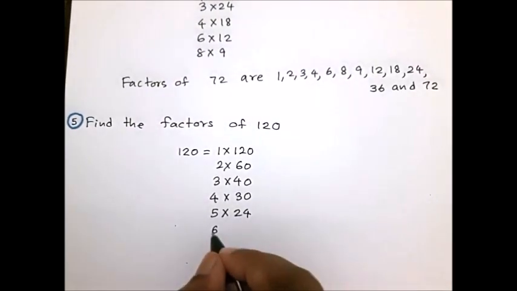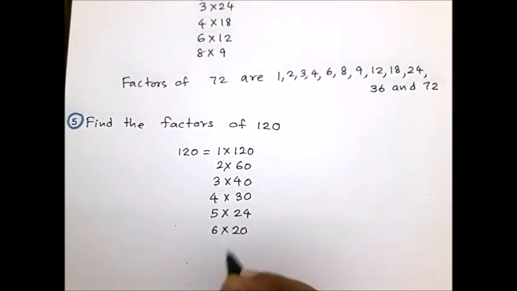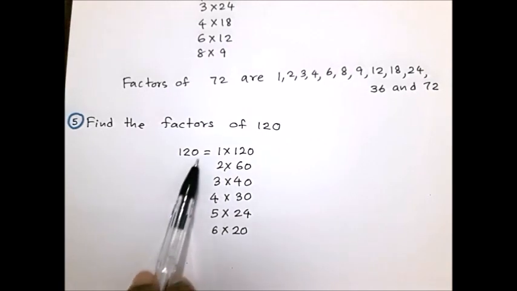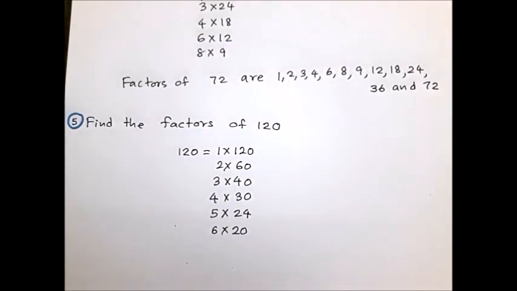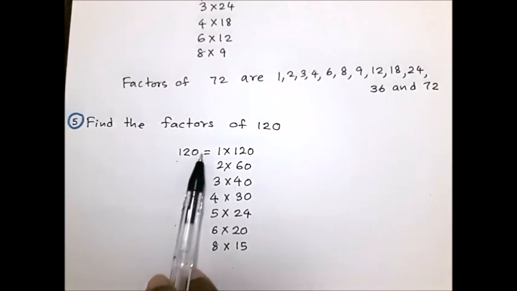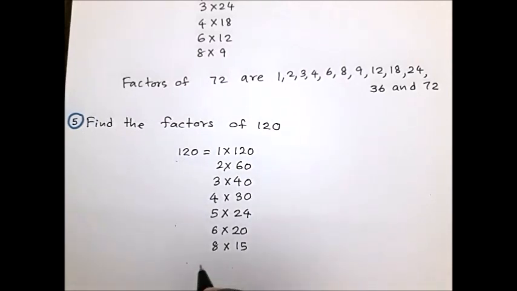Then 6 multiplied by 20. 7. You can't divide this number by 7 completely. 8 times 15. 9. Again you can't divide this number by 9. 10 times 12.